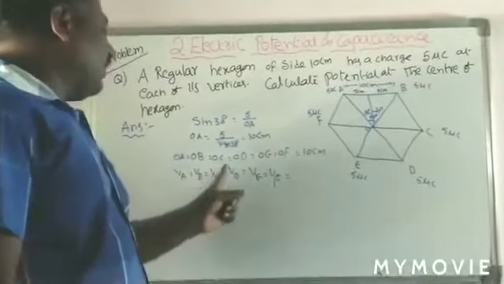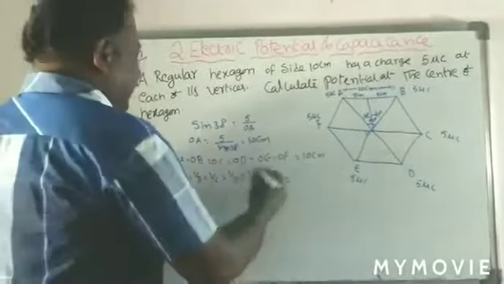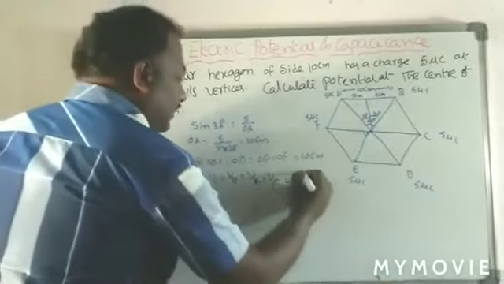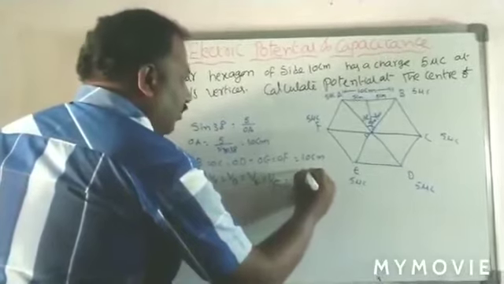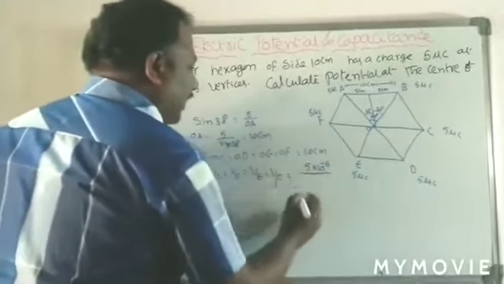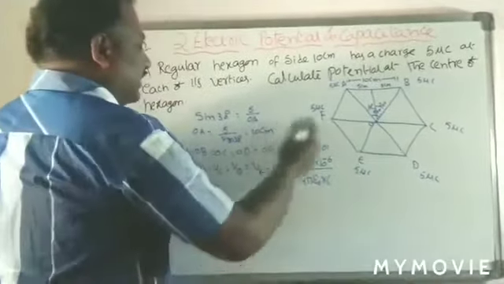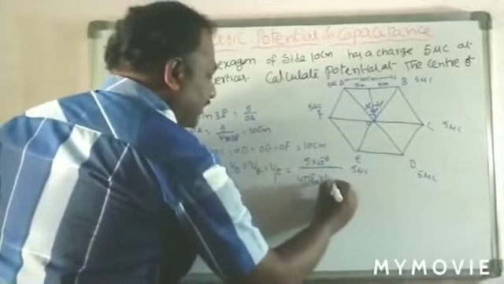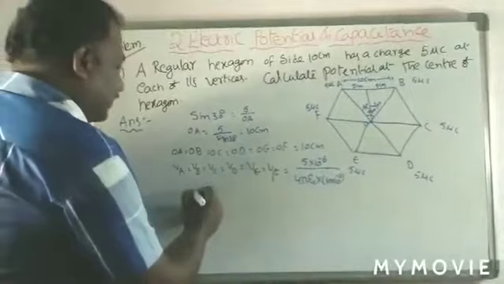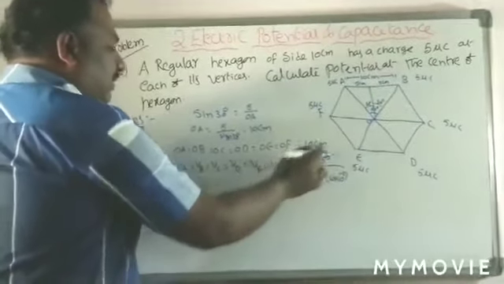That is equal to the formula Q by 4 pi epsilon naught into R, which is the Q value 5 into 10 power minus 6 by 4 pi epsilon naught into the distance, which is 10 centimeters, that is 10 into 10 power minus 2.